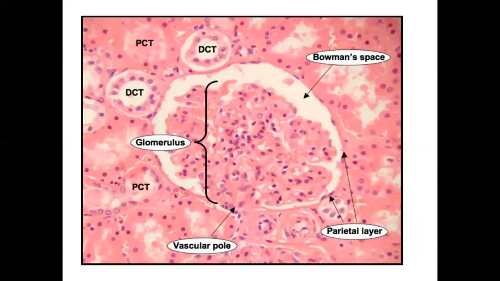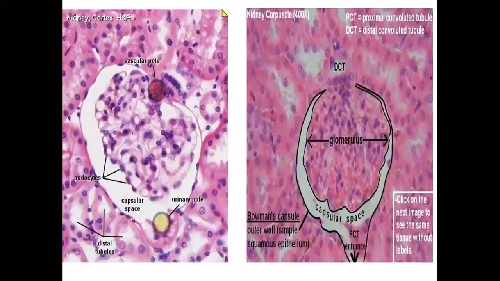Again, a magnified part showing the glomerulus with all the parts being labeled here. Now we are moving towards the last part, where this black line is indicating how this cup-shaped structure of the Bowman capsule is formed.